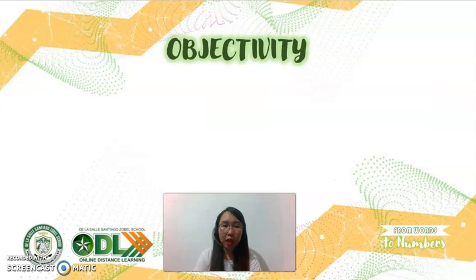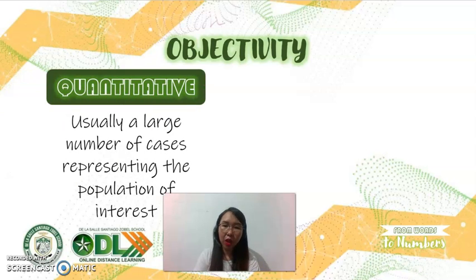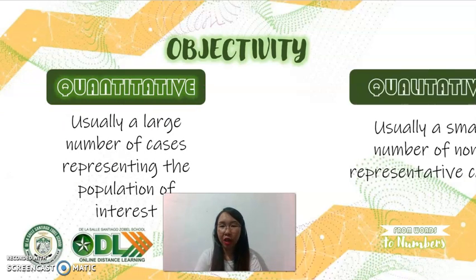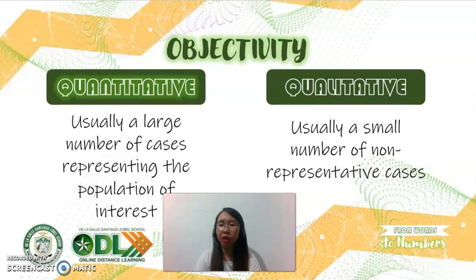Another one. Quantitative research actually uses a large number of cases representing the population of interest. Going back, we have to get at least 75% of the total population in order for it to become generalizable.